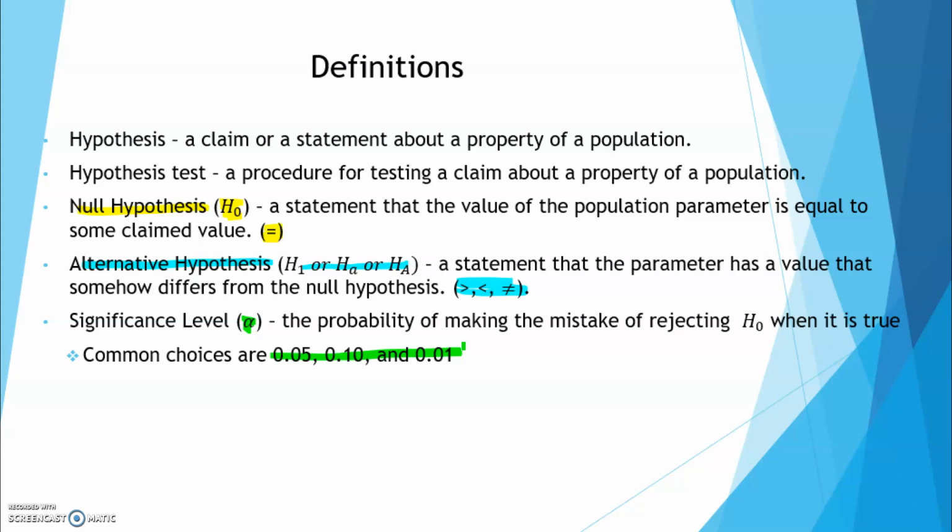So you are interested in making an inference about how the value of the parameter relates to a specific numerical value. Is it less than, equal to, or greater than this specific number that we'll have in each example? If we had alpha is 0.05, well, that indicates a 5% risk of concluding that a difference exists when there is no difference at all.